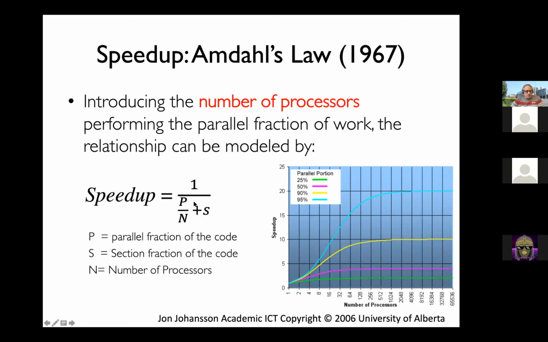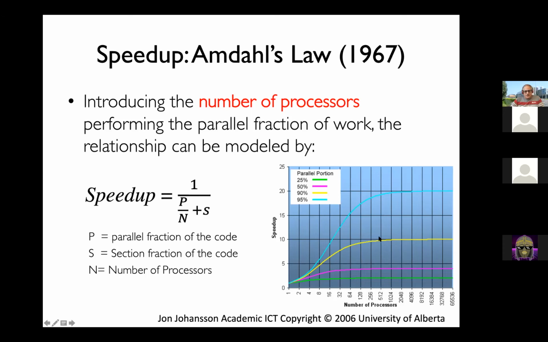So this is another way of looking at the Amdahl law, which considers the number of CPUs used to execute your parallel program, depending on the portion of your parallel code. And you can see there's a kind of bound in the limit that we cannot reach beyond.